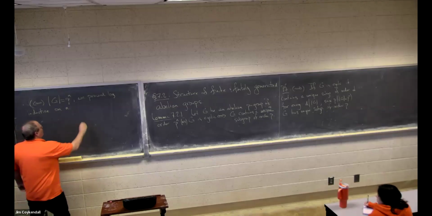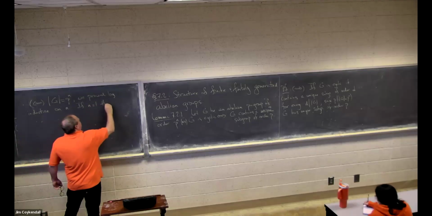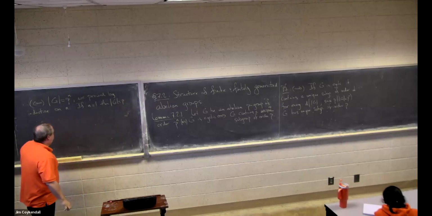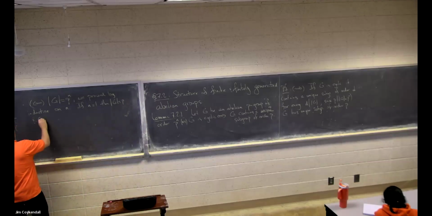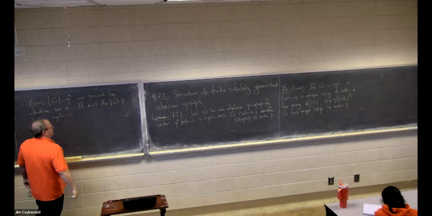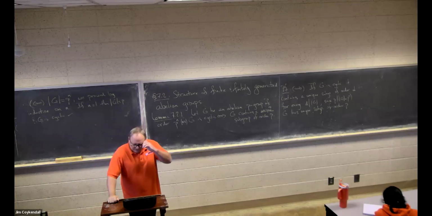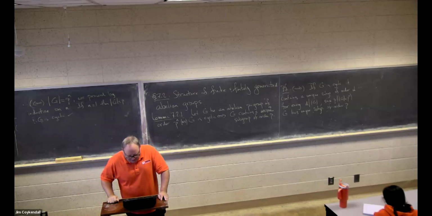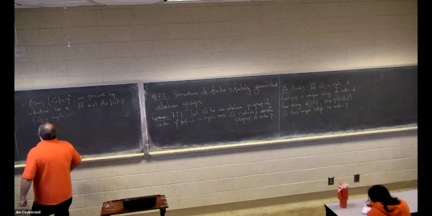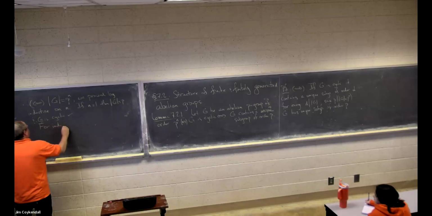So, if n equals 1, the group has order p, so it's cyclic. Right, that was easy. I felt like I got away with something there. Now assume the conclusion as the inductive hypothesis.